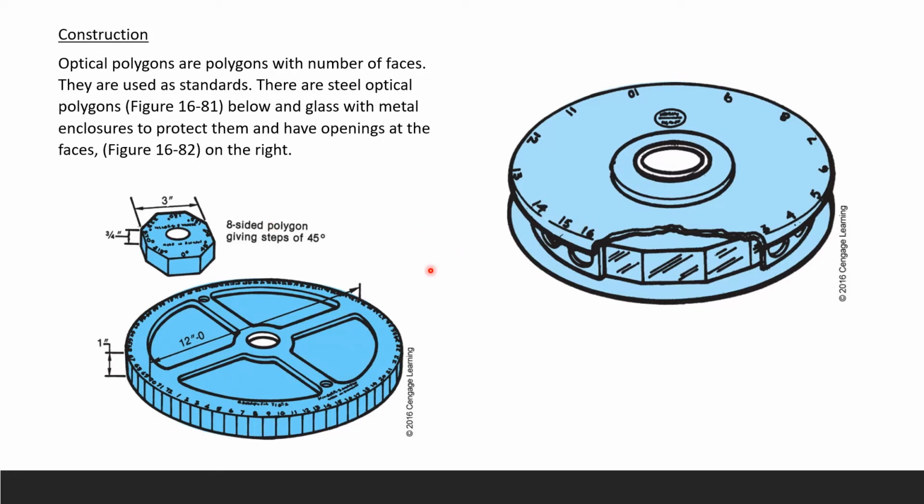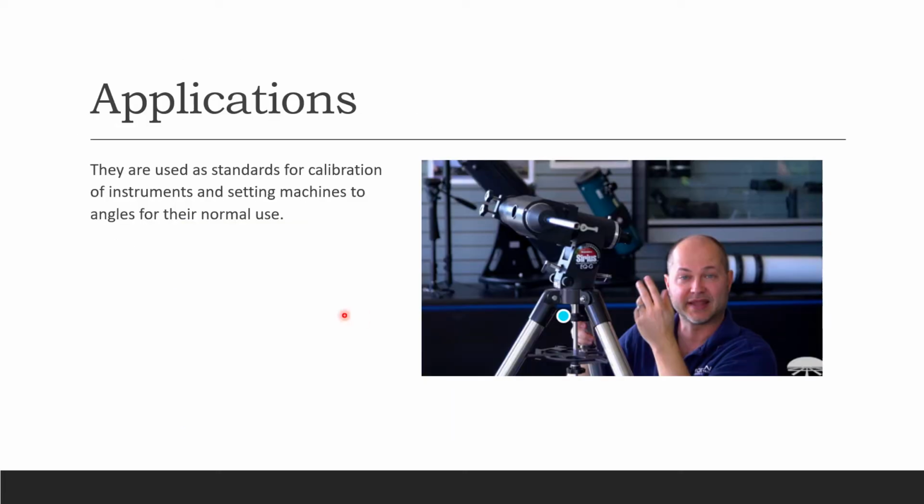Anyway, no need to remember the details of the instrument. They're used as standards, for calibration of our instruments, and we use them for certain machines, for angles, and that's the normal use.